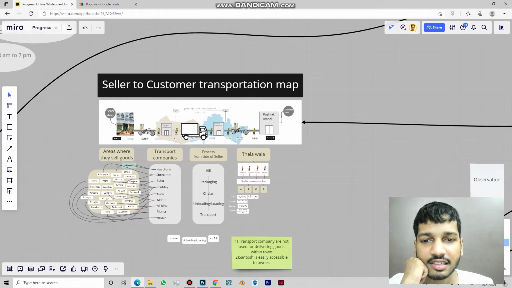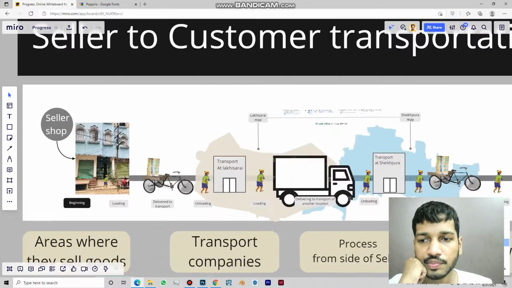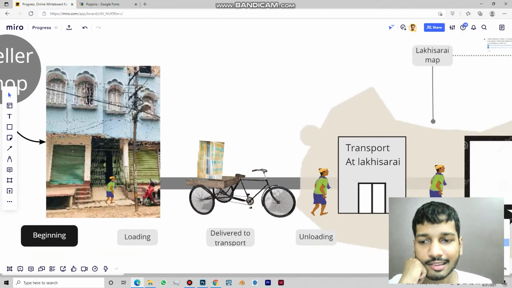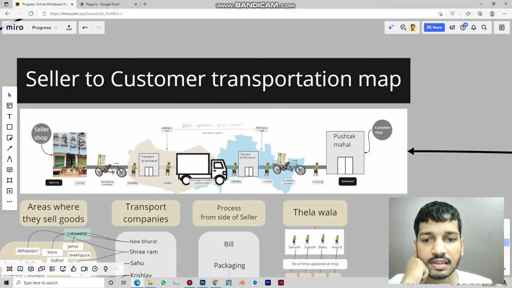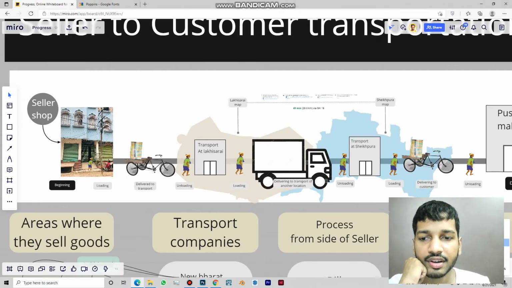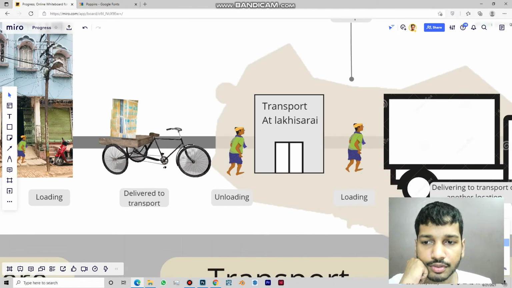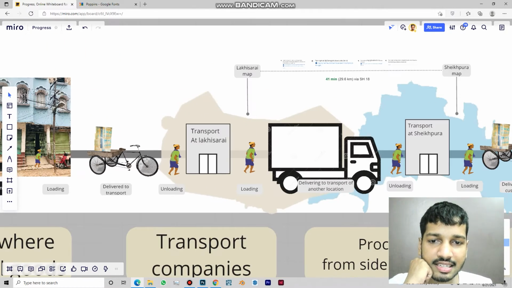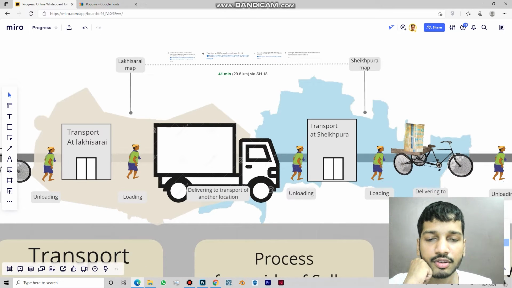This is the seller to customer transportation map, showing how it began from the seller's shop to the final customer. It is explained through one example, and this is the overall process. In the example, it begins with loading from the shop, delivering to transport through Thela, then unloading at the transport at Lakisrai, then delivering to transport at another location.